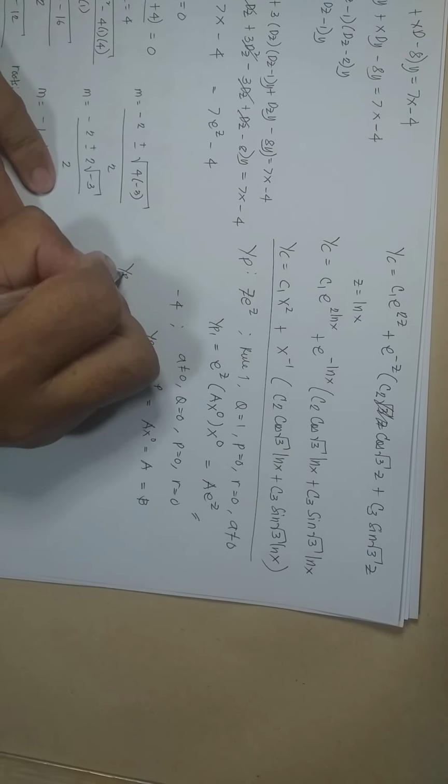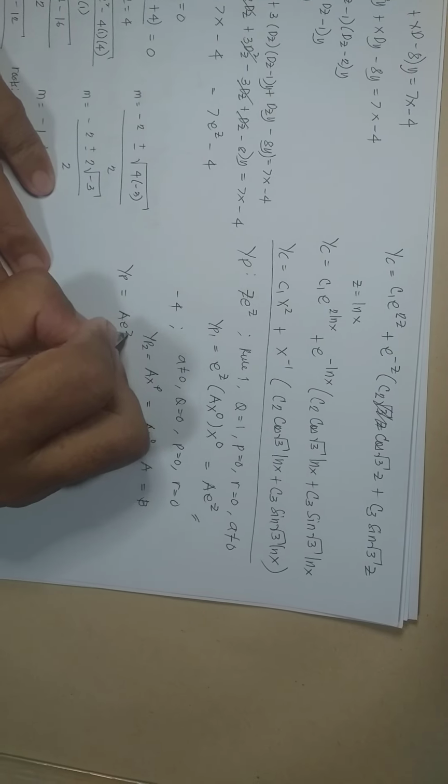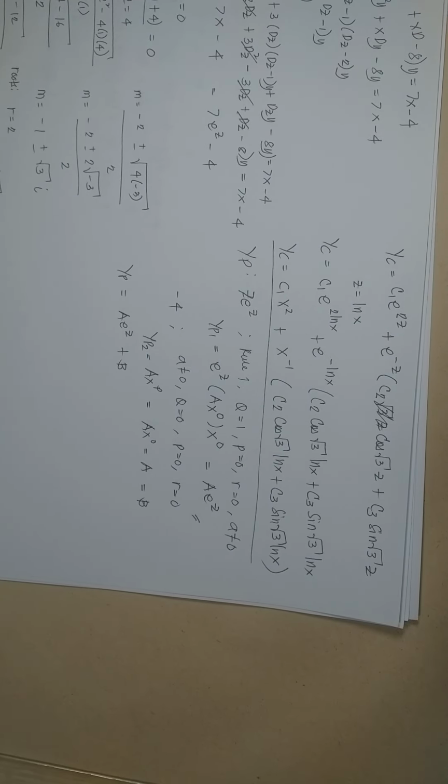Your yp must be equal to a e to the z plus b. Okay? That is the method of undetermined coefficients.